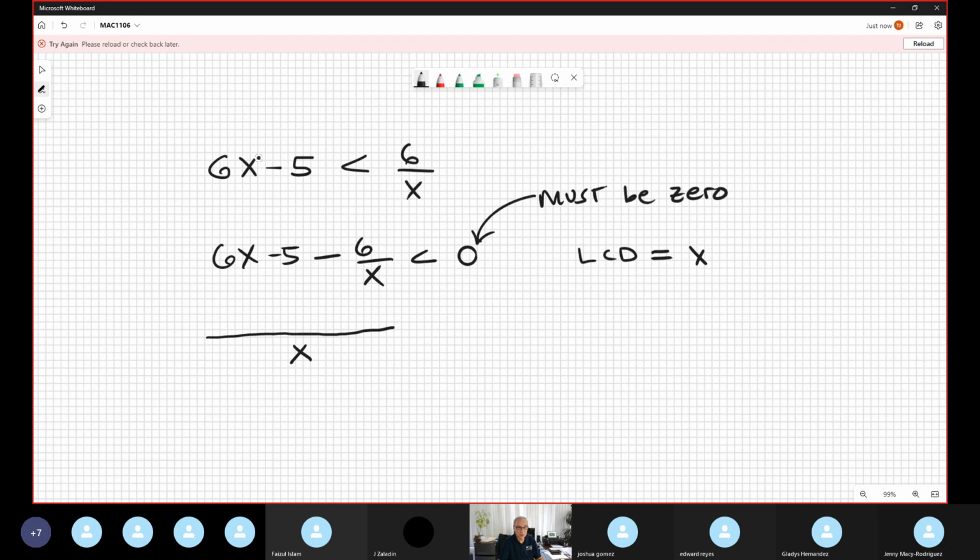So this guy has no denominator. Yes, it's a whole number over 1. X divided by 1 is x, times 6x is 6x squared minus 5x minus 6. Does that make sense?